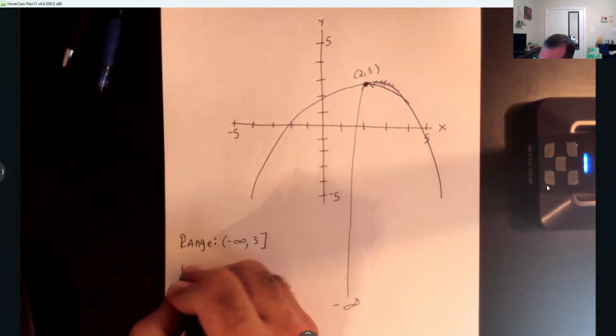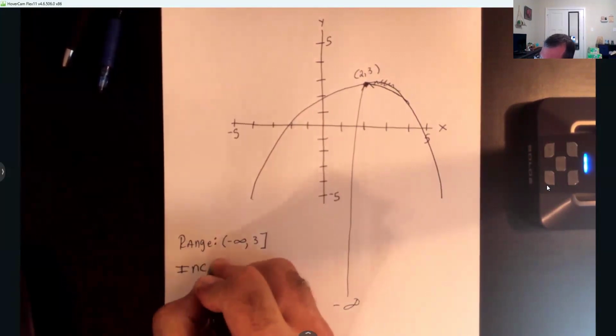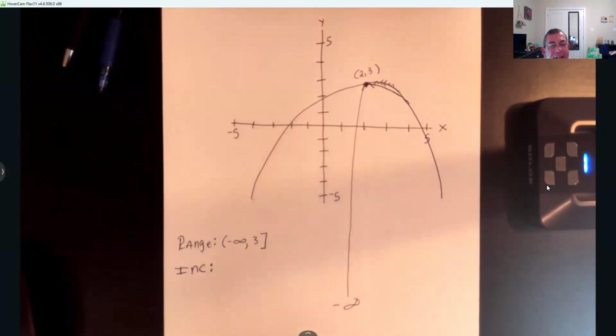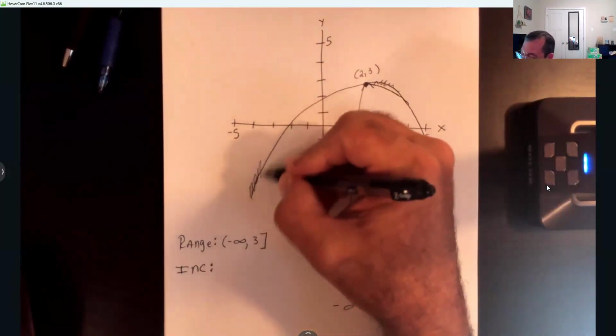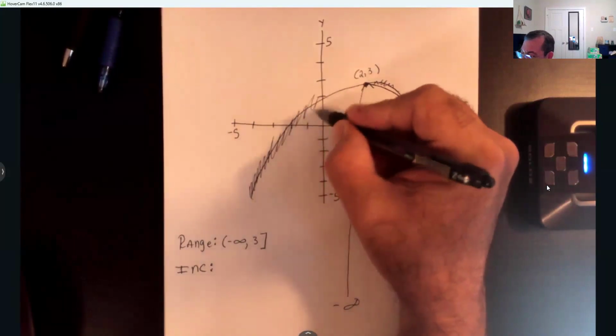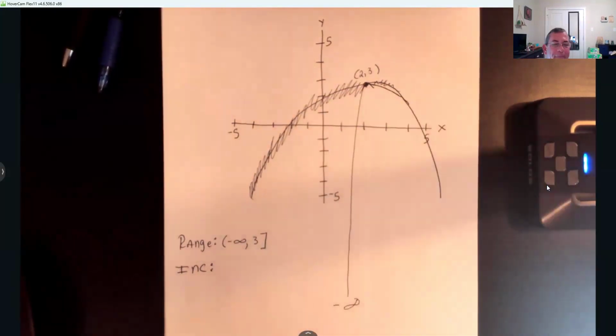Now, what is the intervals where my graph is increasing? And y'all remember, increasing and decreasing intervals are looking at the x's. So y'all increasing on this parabola is this part right up here. That's going uphill.